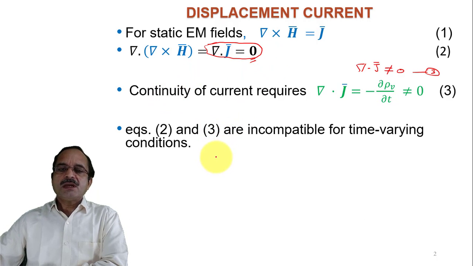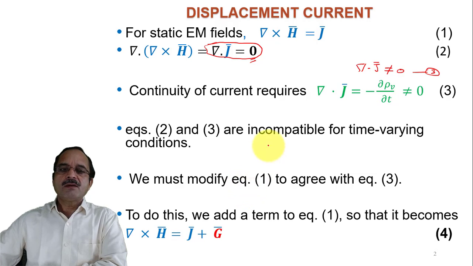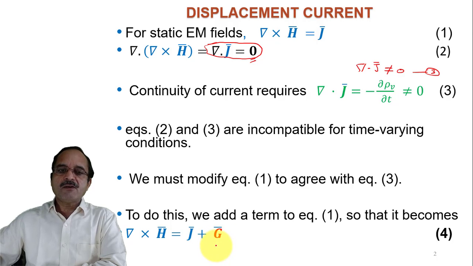So to remove this inconsistency in equation number 1, we add one more term. So equation number 1 we modify as curl of magnetic field intensity H is equal to J plus G. So we add one more term here, G, to maintain compatibility between equations 2 and 3.